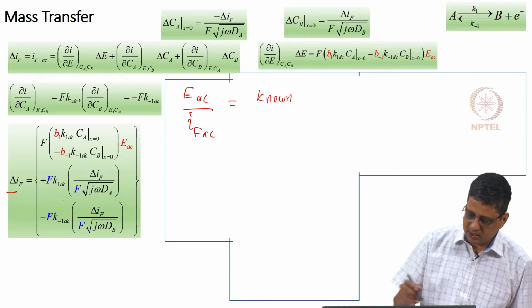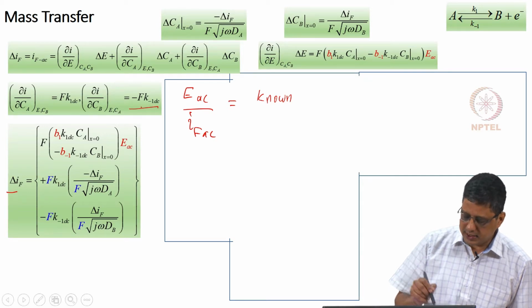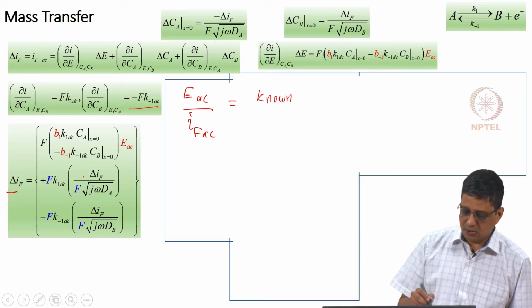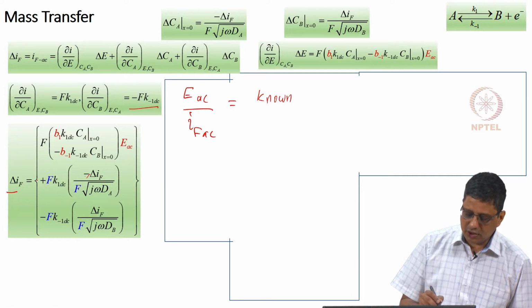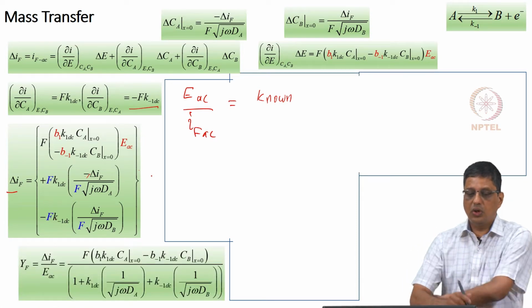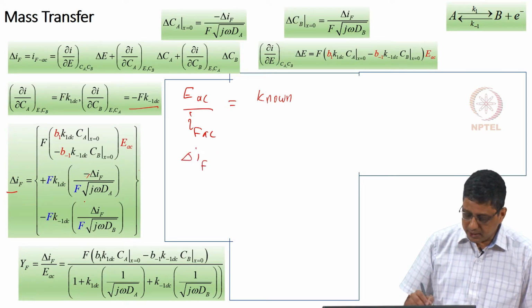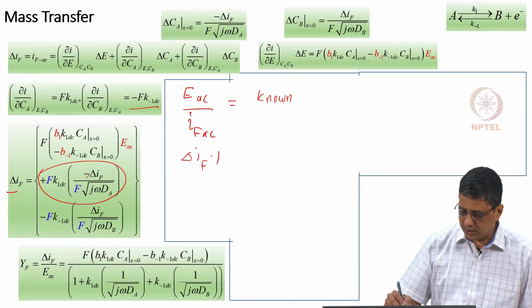For the second part, it is minus FK1 DC multiplied by plus IF. So these two actually will have a negative sign when you arrange everything, and then you bring it to the left side. You are going to get del IF on the left side, and when you bring this term to the left side, it is going to look like plus F K1 DC by F. Of course, F will cancel out, that is why I marked them in blue.